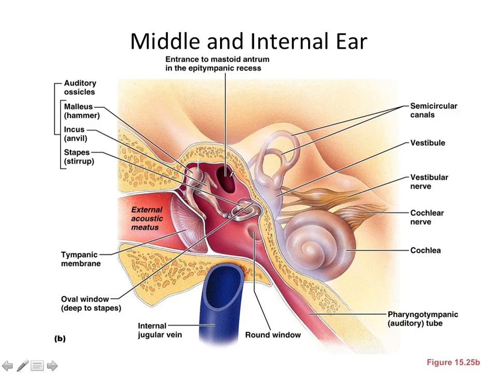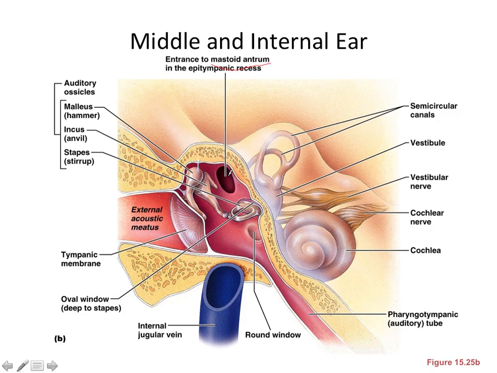Here we have the mastoid antrum. The mastoid antrum is a bony space in the temporal bone. This small cavity's function is to buffer the air of the middle ear.